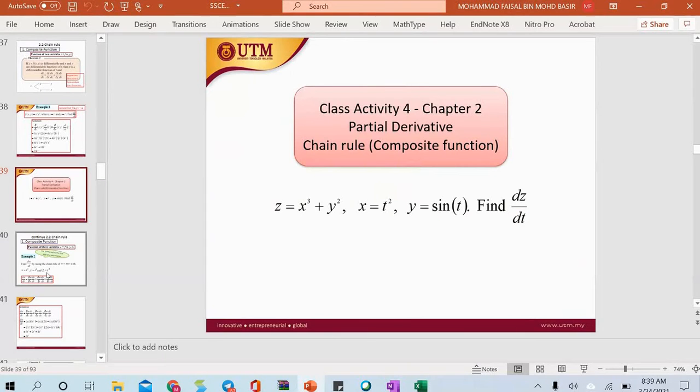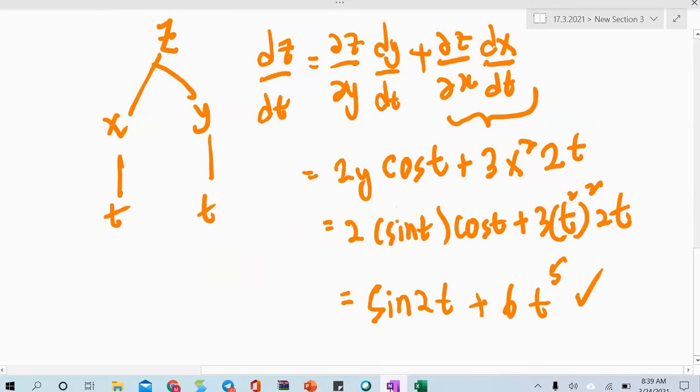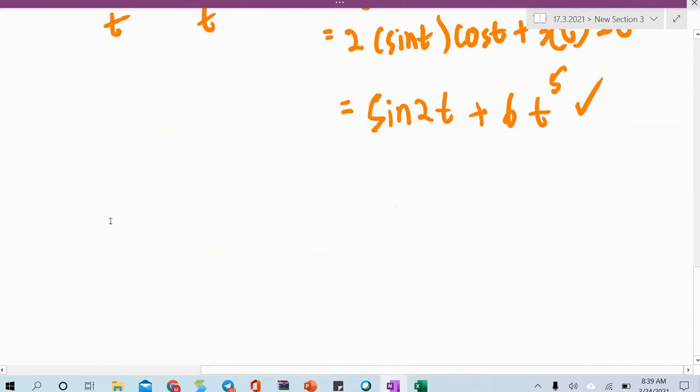Okay, next. What if we have 3 independent variables? It's the same, we just add some branches. Some researchers call this a tree diagram.